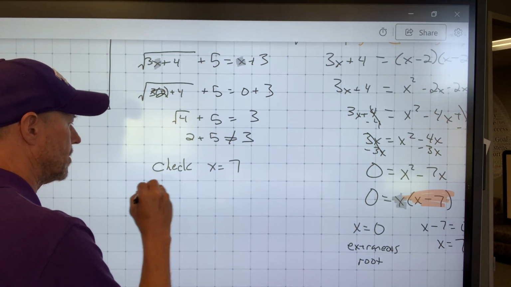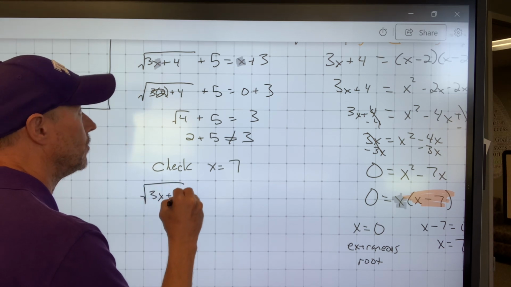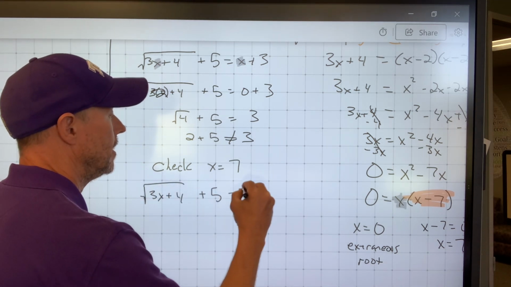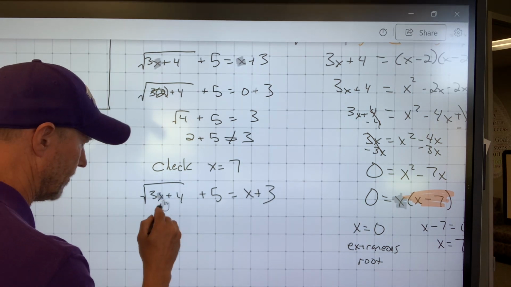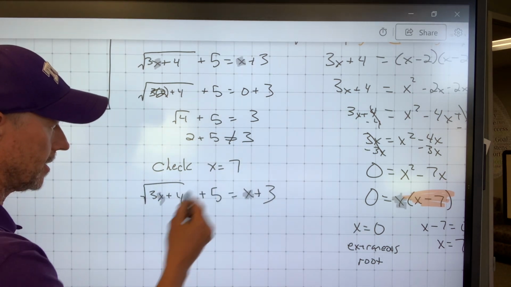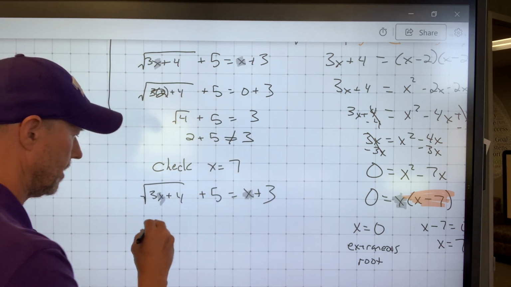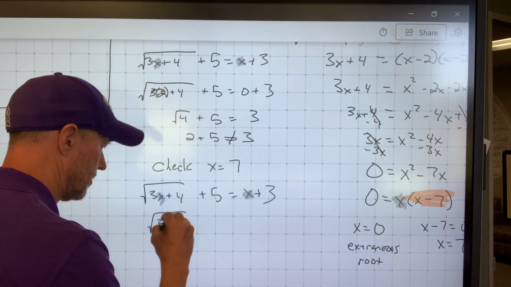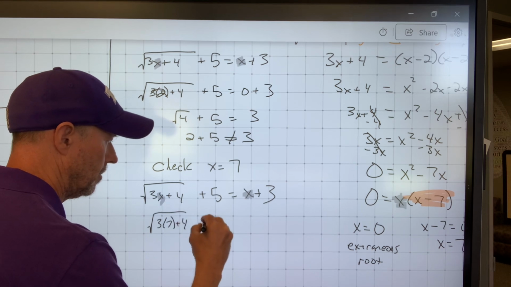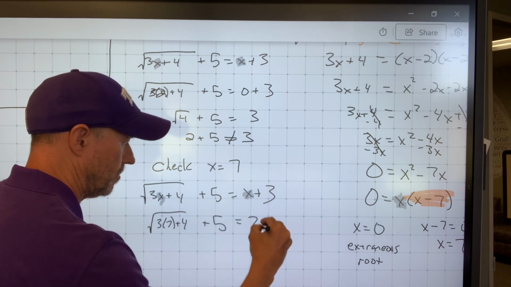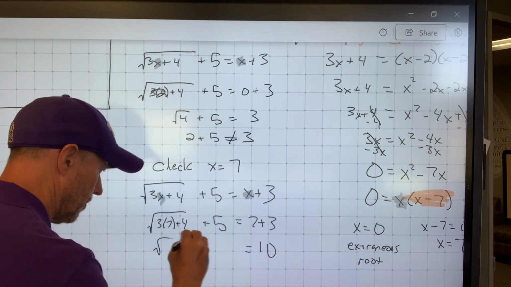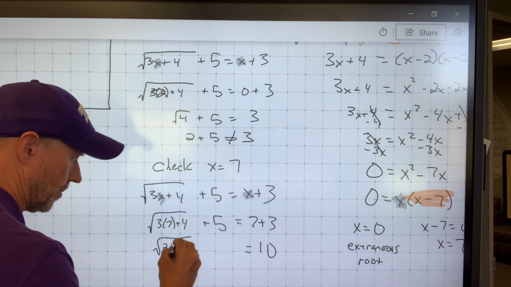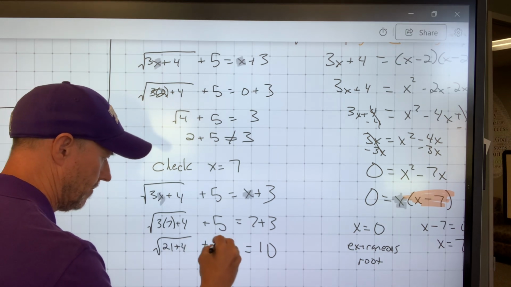Our original equation was the square root of 3x plus 4 plus 5 equals x plus 3. And we're going to plug in a 7 there and there because I'm checking x equals 7 now. So I have the square root of 3 times 7 plus 4 plus 5 is equal to 7 plus 3. Over here we get 10. Here we have the square root of 21, because 3 times 7 is 21, plus 4 plus 5.